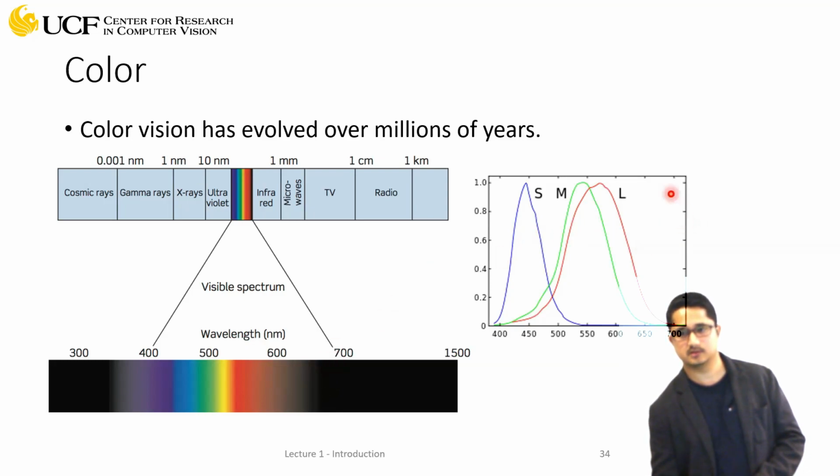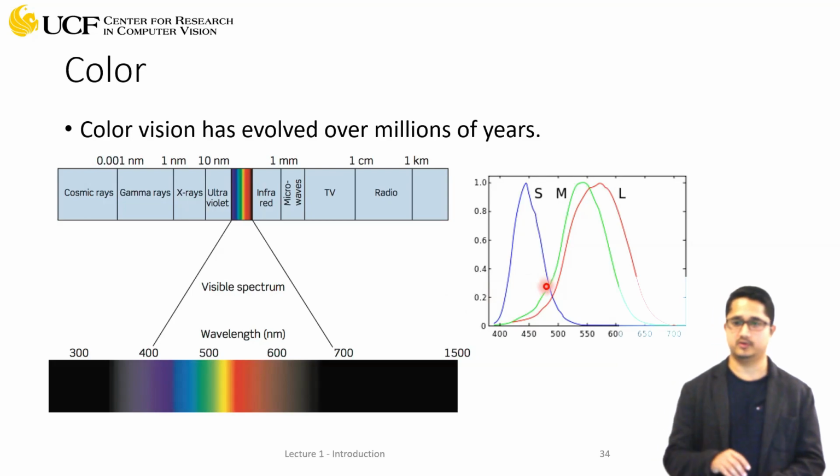That's what this plot is showing you. It peaks at around 560 or 570. On the left of that we have green, and then further left we have blue. So this is the patch of the wavelength band to which human vision responds, and that's how it's distributed.